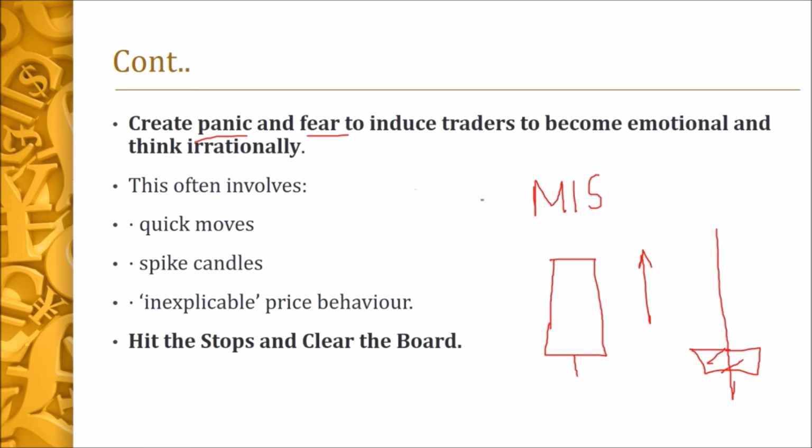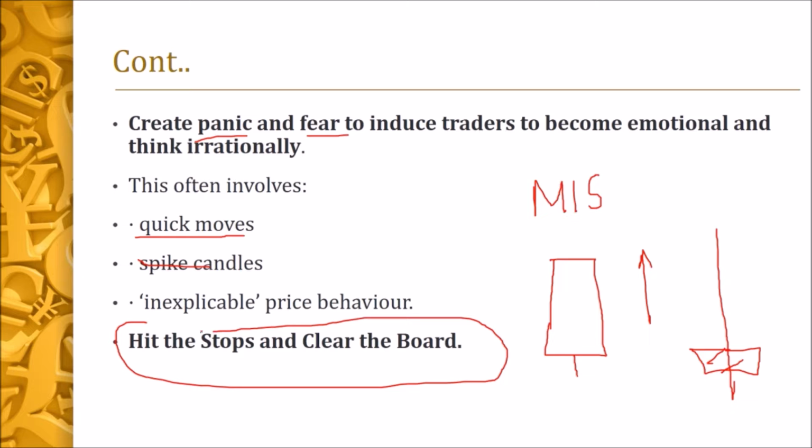This is actually done to create panic and fear, as well as to make traders become emotional and think irrationally. It is done by making quick moves, spike candles, and inexplicable price behavior, and they also have the power to hit the stops and clear the board.